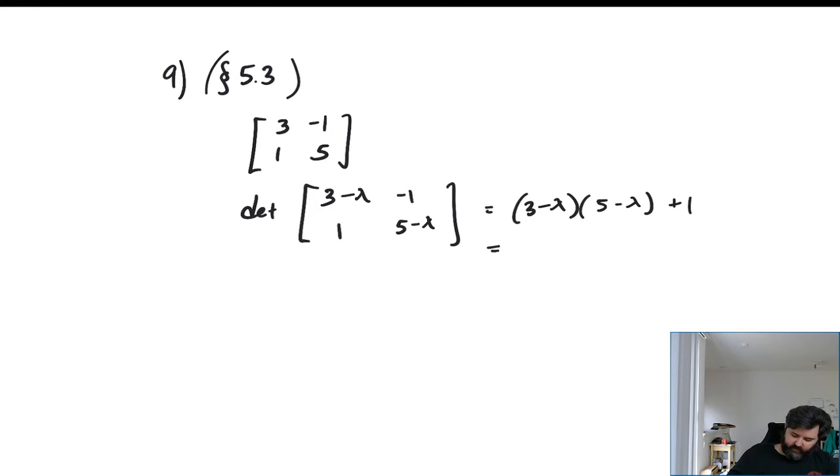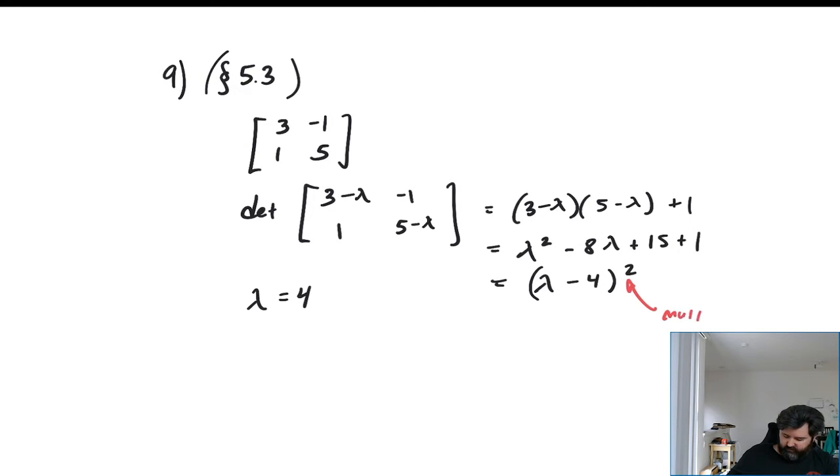If we multiply this out, we're going to get lambda squared minus 8 lambda plus 15 plus 1. So that's lambda squared minus 8 lambda plus 16, which of course factors into lambda minus 4 squared. So we only have one distinct eigenvalue, but the multiplicity is 2, because of that 2 there.